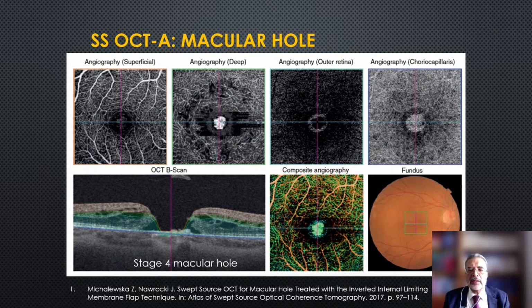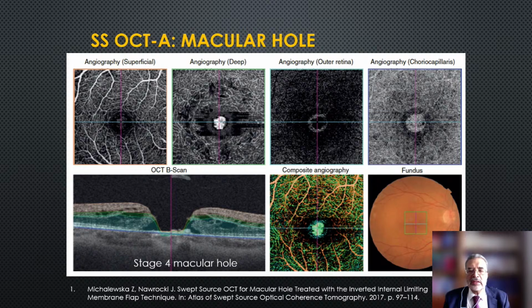This is caused by inaccurate segmentation, when the segmentation lines created automatically by the device may travel down under the retinal pigment epithelium and image choroidal vessels as if they were present in the center of the fovea. Such artifacts can be dealt with by manual correction of the shape of the segmentation line.